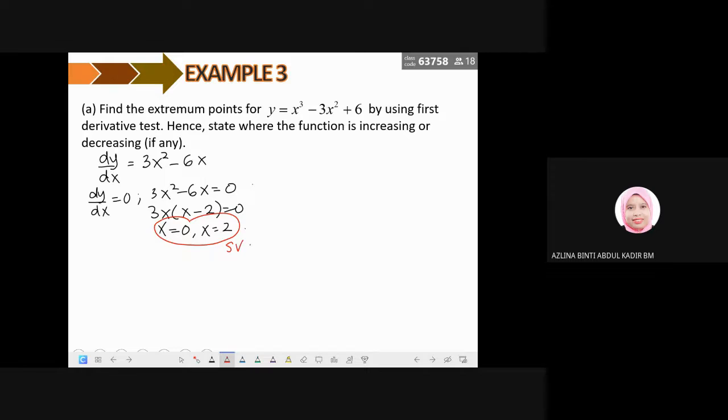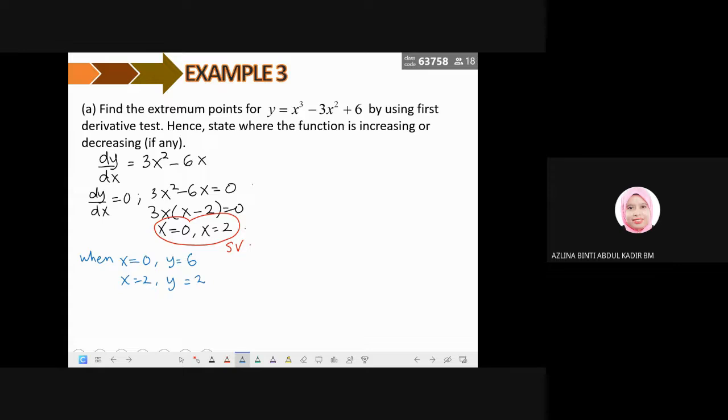Then when x is equal to 0, to find the stationary point, y equals 6. We have already found this. When x equals 2, y equals 2.